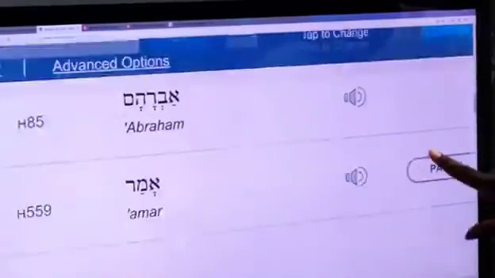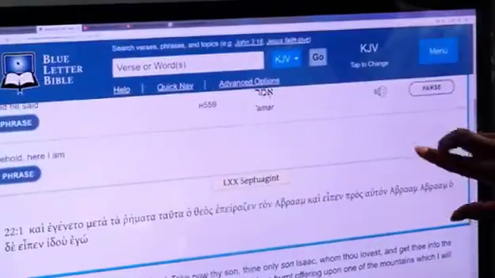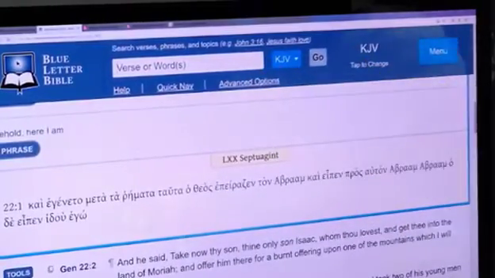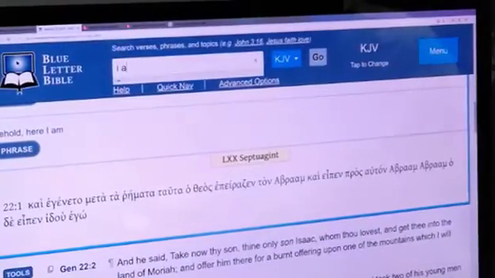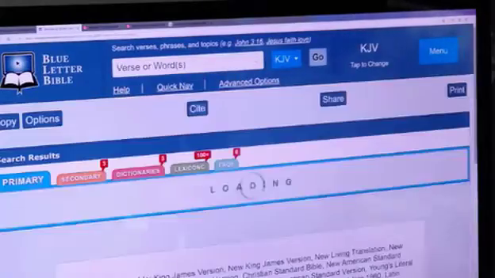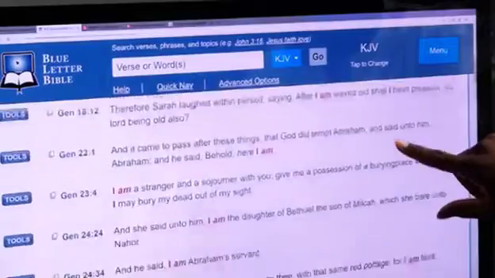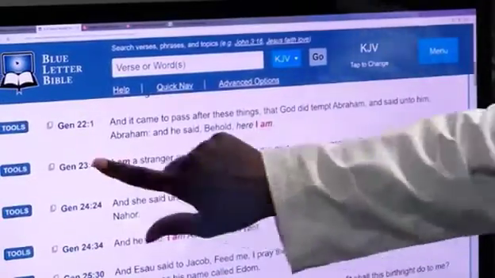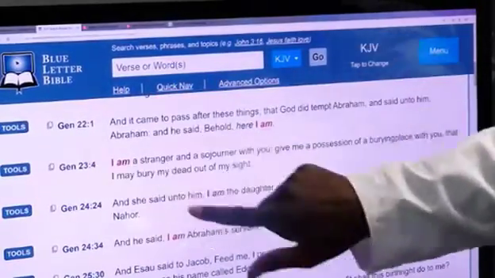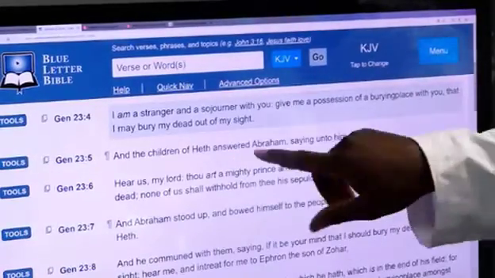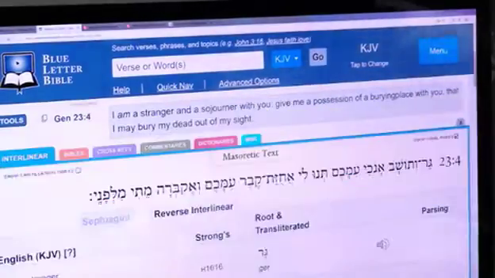So let me find another example that actually contains I am, one of those words, ani or anochi. Let's go to Genesis 23:4. Let's see if that's an example. Then we'll move on to the next pronoun, and we'll do the same thing: we'll try to find some biblical examples.